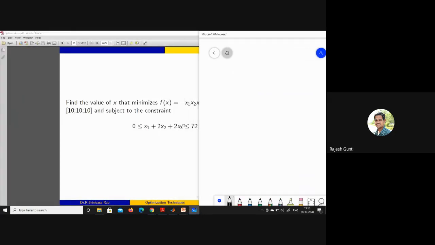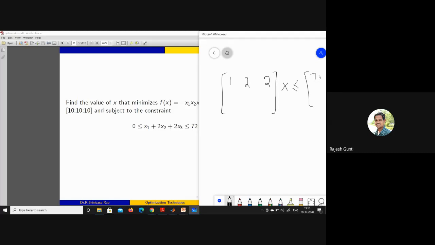First, I am taking the first row, 1, 2, 2, times x1, x2, x3, less than or equal to 72.